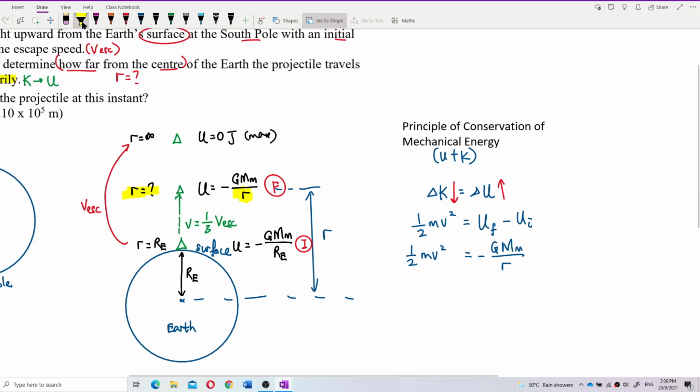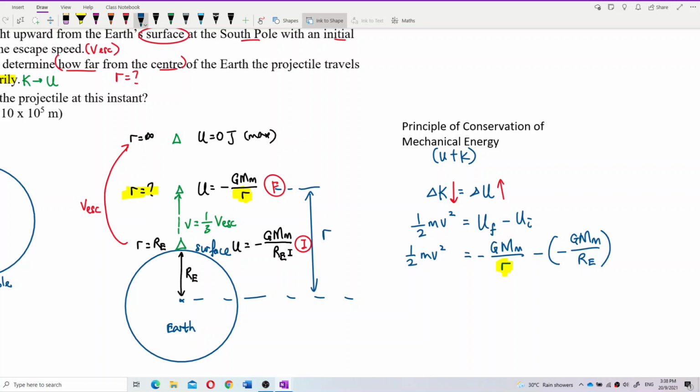Understand? This is the r we want to find. And then minus, remember, the initial potential energy also has a negative sign, so don't forget to put the negative for U also. So negative becomes positive. It starts from the surface, so the initial potential energy is negative GMm over the radius of Earth.